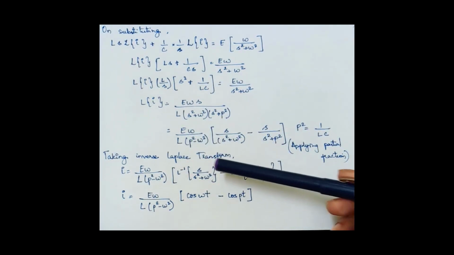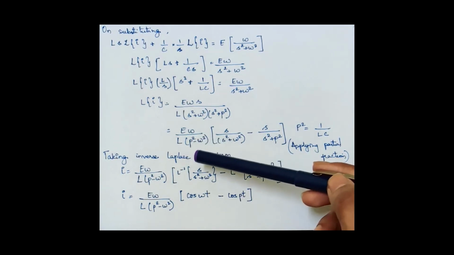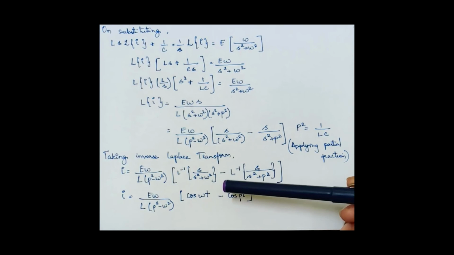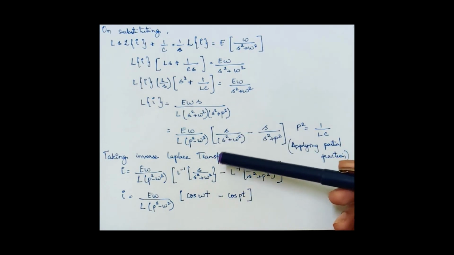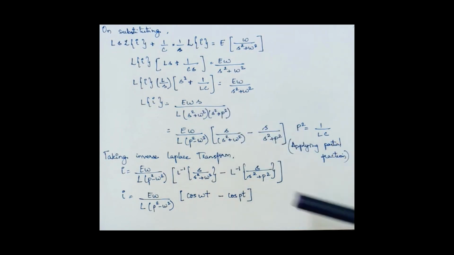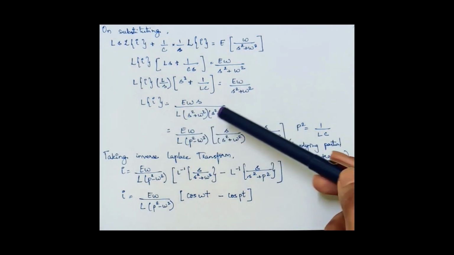Now you have E omega by L into (p square minus omega square) into [s by s square plus omega square minus s divided by s square plus p square]. As mentioned, you have p square as 1 by LC, and you get this step when you apply partial fractions to this system.